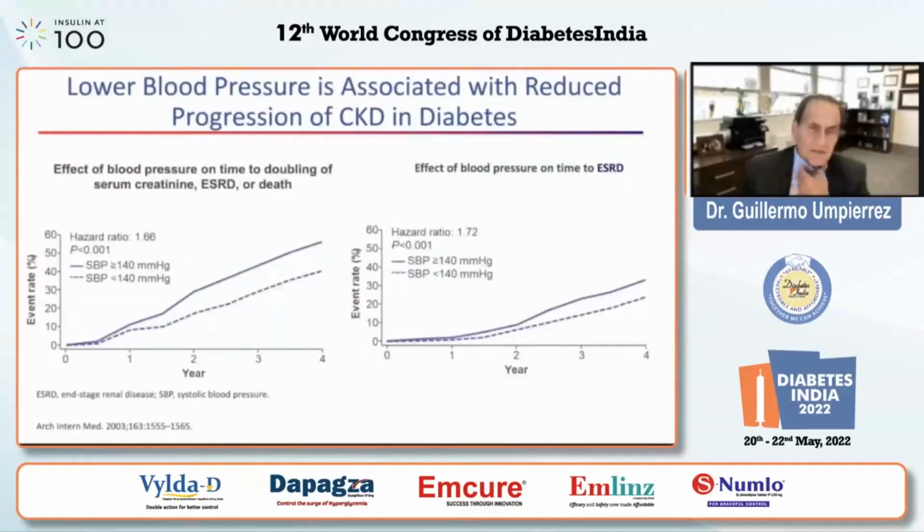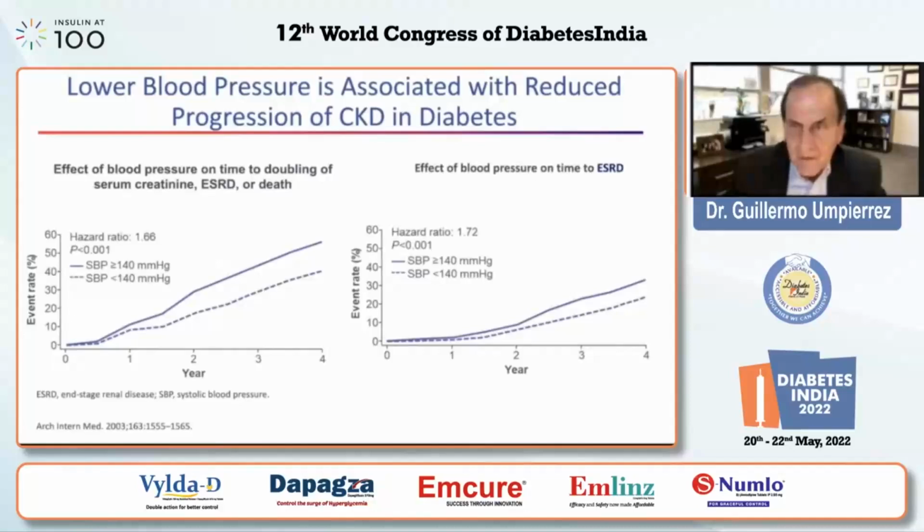I mentioned to you that treatment of hypertension is as important or even more important in the progression of vascular complications. Here in the UKPDS, a lower blood pressure, less than 140, is associated with a 40% reduction of doubling of serum creatinine, the need for dialysis, or cardiovascular death.